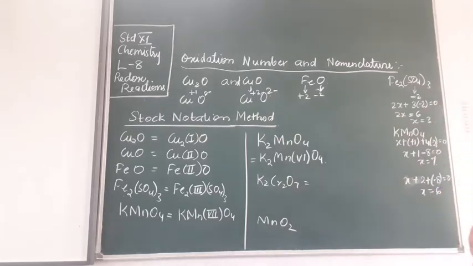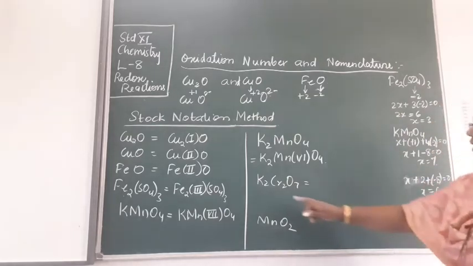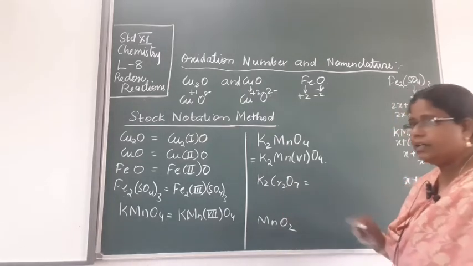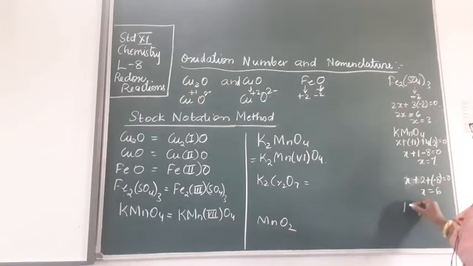K2Cr2O7 कैसे represent करेंगे? उसके लिए पहले Cr, K और O का तो सेम ही रहेगा, Cr का डिफर करेगा. So K2 that means 2 into plus 1 plus x, और 2 क्रोमियम है मतलब 2x लिखेंगे, plus 7 into minus 2 which is equal to 0. Okay, so I have 2x, 7 into minus 2 will be minus 14 plus 2 12 हो जाएगा equal to 0.